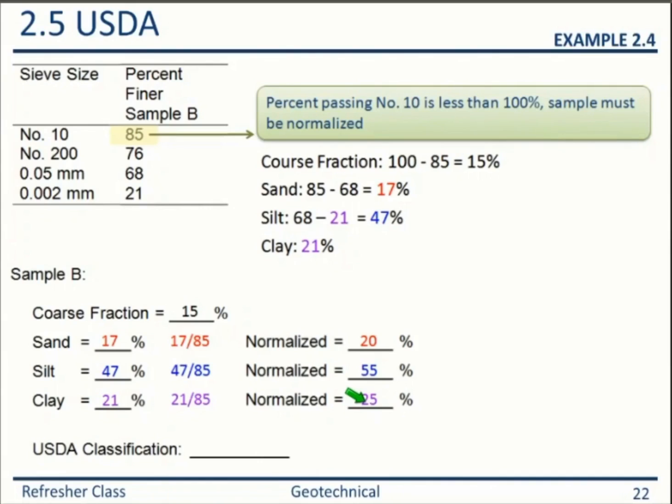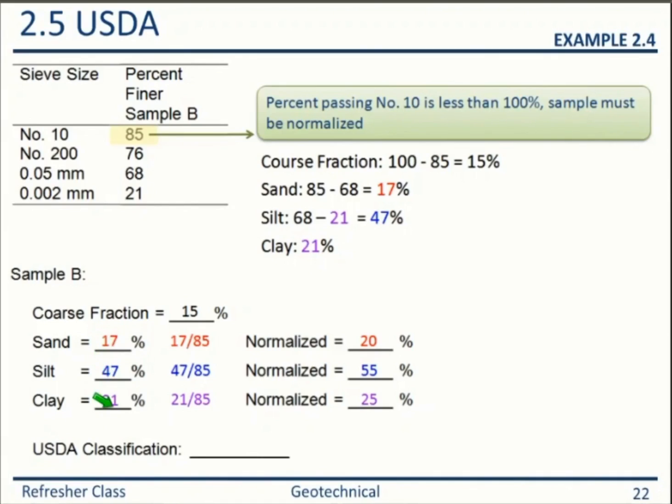Okay. The normalization part is, first of all, add the fraction of sand, fraction of silt, and fraction of clay. When you add them together, if it is not 100%, then you cannot use these values. You cannot plot these values on that textural chart. So this indicates these values have to be normalized. The normalizing process is, whatever aggregate value you get, in this case 17 plus 47 plus 21, the aggregate value is 85.